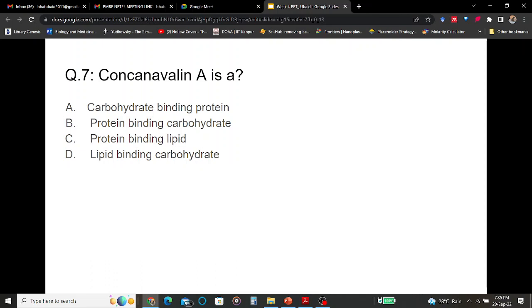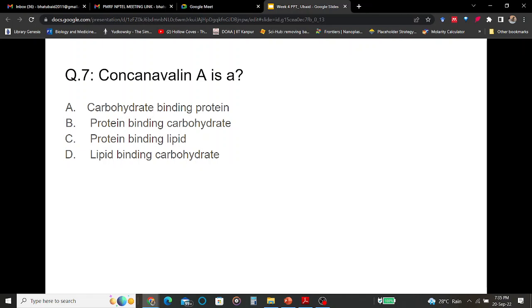Actually, concanavalin A is a lectin, which is a carbohydrate binding protein, and it was originally extracted from jack bean, Canavalia ensiformis. And concanavalin A is found to bind to various carbohydrates like sugars, glycoproteins, and glycolipids. And the binding of this concanavalin is irreversible.